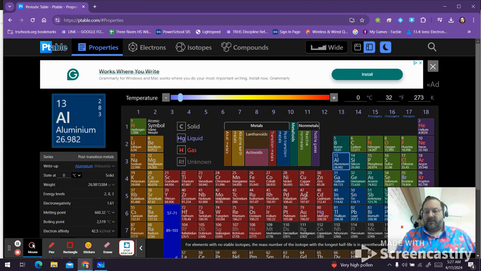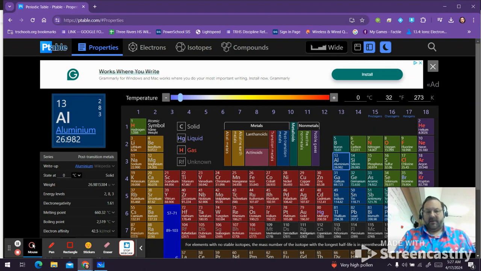The atoms, remember, are going to be larger because you're moving across the periodic table. They're also going to be way less massive, because if you look at the aluminum, you have fewer protons and your mass is 26.9.